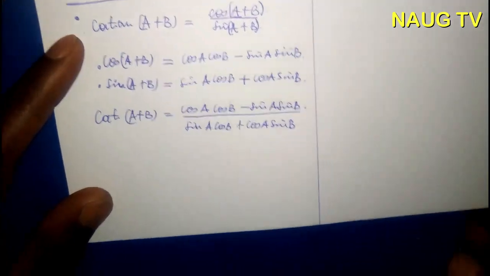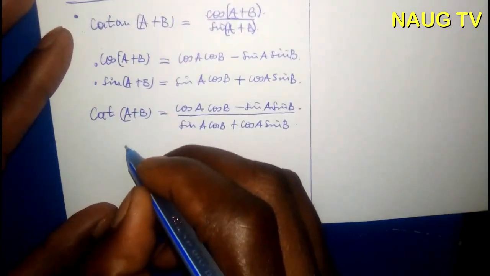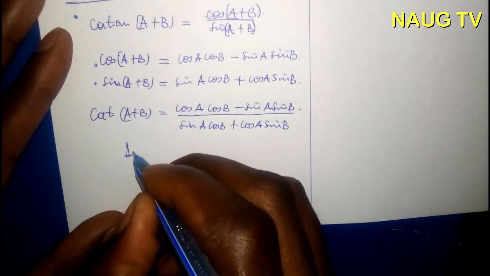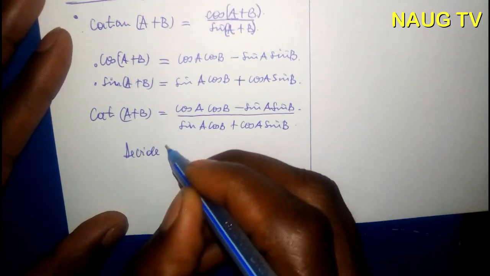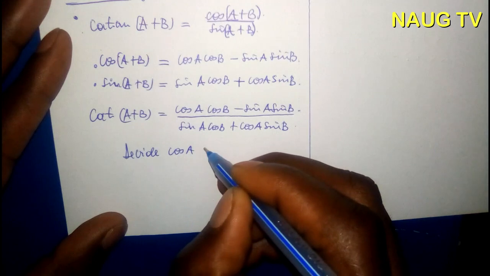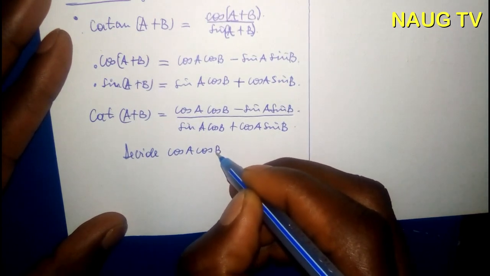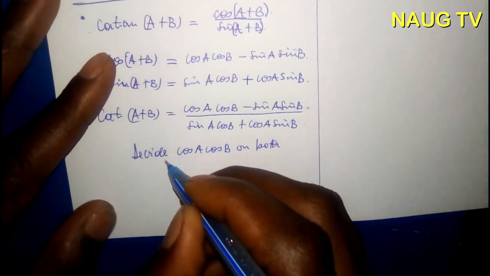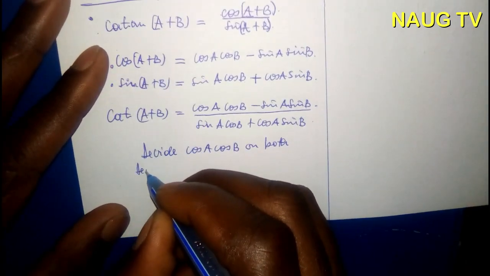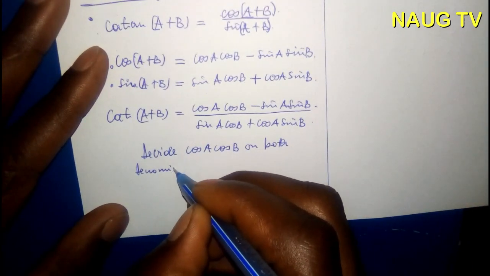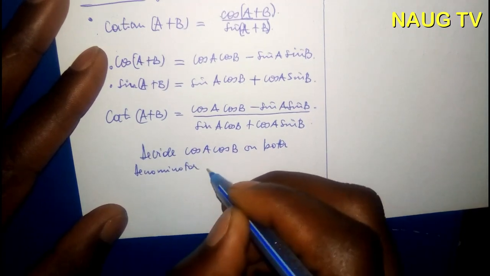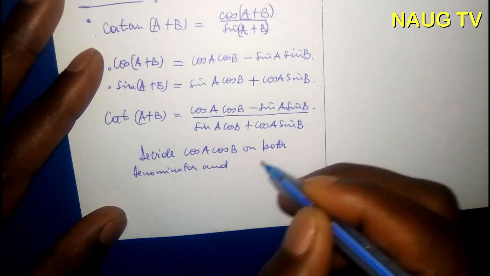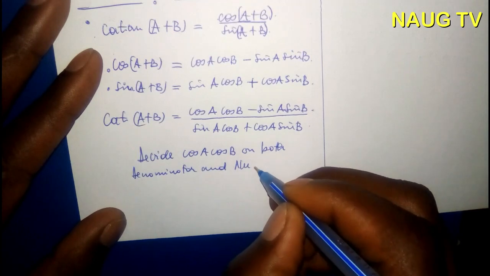So divide cosine A cosine B on both the denominator and numerator.